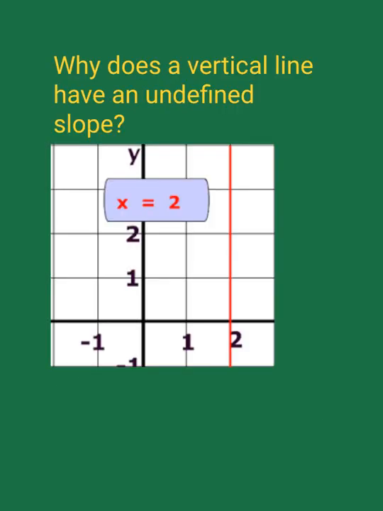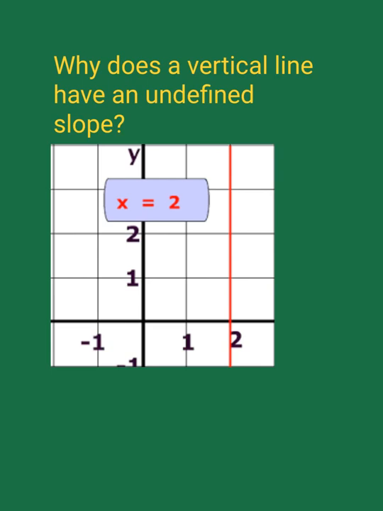So one question that I get a lot is, Mr. Rock, why is the slope of a vertical line undefined? Well, I thought that I would show you with an example. This right here is the graph x equals 2. This line right here is vertical.